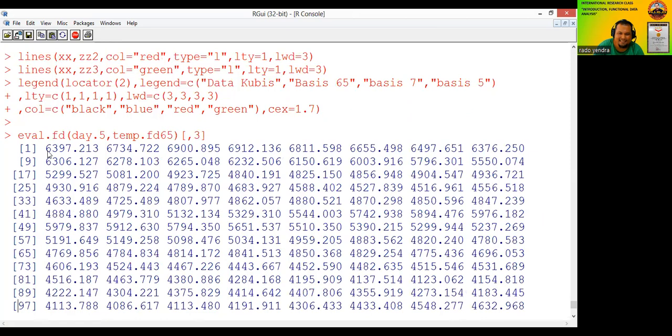This is the daily average price of potato produced by the Fourier series function with the 65 bases.